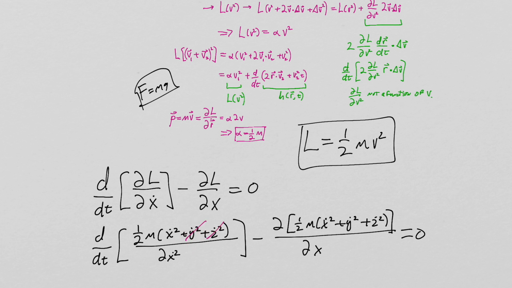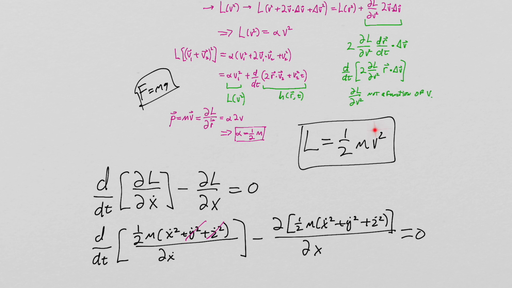That term's going to go away. The derivative is going to be just m x dot. Oops. Sorry. This derivative is not with respect to x dot squared, it's with respect to x dot, right? See, the formula is with respect to the generalized velocity, not the velocity squared. It's a function of v squared, right?